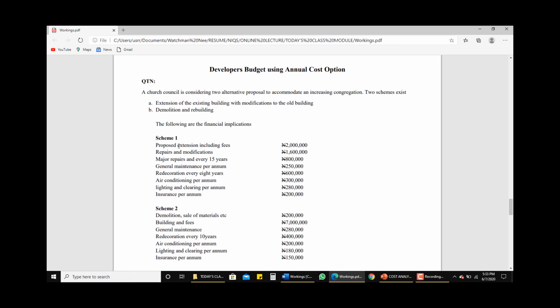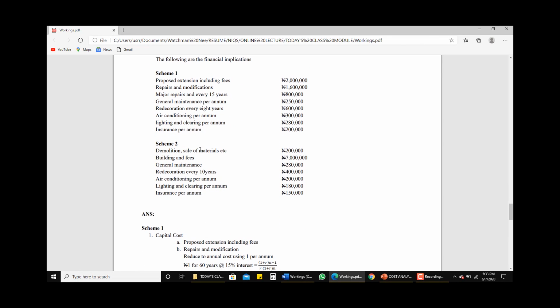But for the proposed extension of the building, including fees, and the repair and modification, there are no particular years for them, meaning they are capital costs. You are constructing at a go, so they are not per annum. Therefore, they are capital costs.